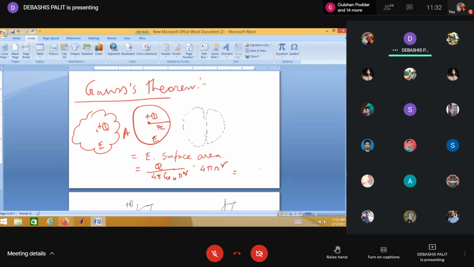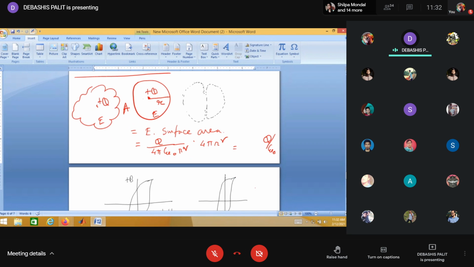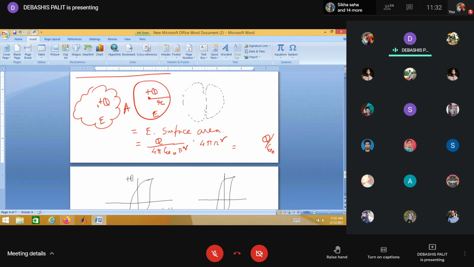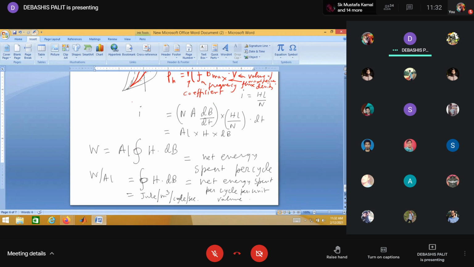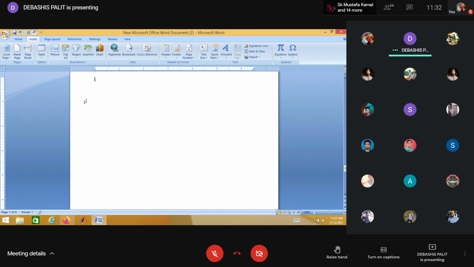So that is q by epsilon 0. Mathematically, you can express this Gauss theorem as the surface integral of the normal component of the electric field intensity, that is equal to q by epsilon 0.